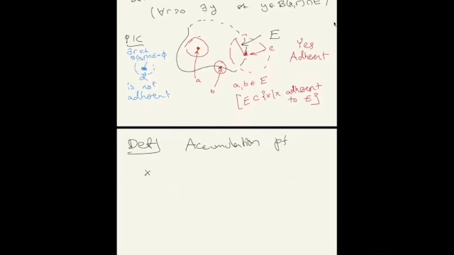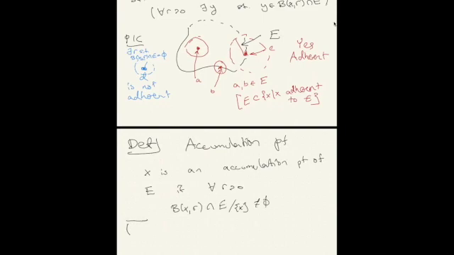So x is an accumulation point of E if for every radius r positive, the ball B(x, r) intersected with E, if we take away x, is not empty.